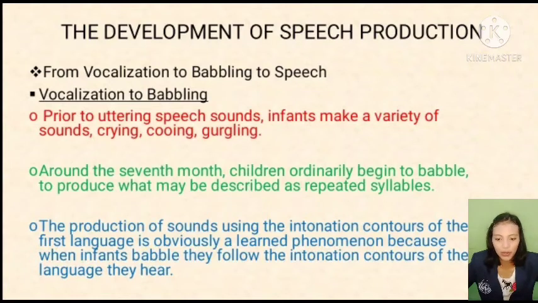And the last, the production of sounds using the intonation contours of the first language is obviously a learned phenomenon, because when infants babble, they follow the intonation contours of the language they hear.